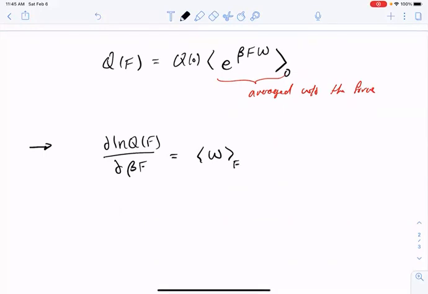That should be clear by just noting that the only functional dependence on F, holding beta constant, of Q of F, is in that exponential. So thus I would take the derivative of the exponential of beta F times W. W would come out and be averaged.